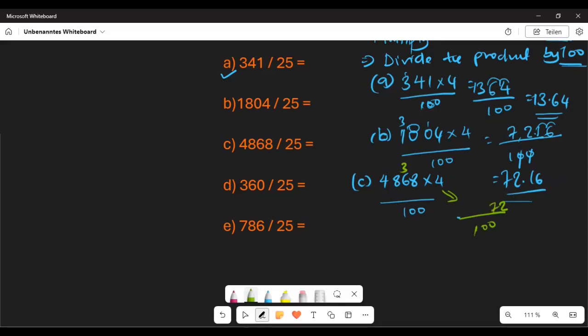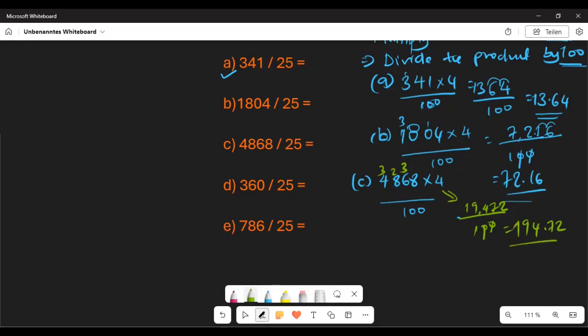So we write 7, carry 2. 4 times 8 again is 32, plus 2 is 34. We write 4, carry 3. Then 4 times 4 is 16, plus 3 gives us 19. So we have 19,472 divided by 100, and our answer is 194.72.